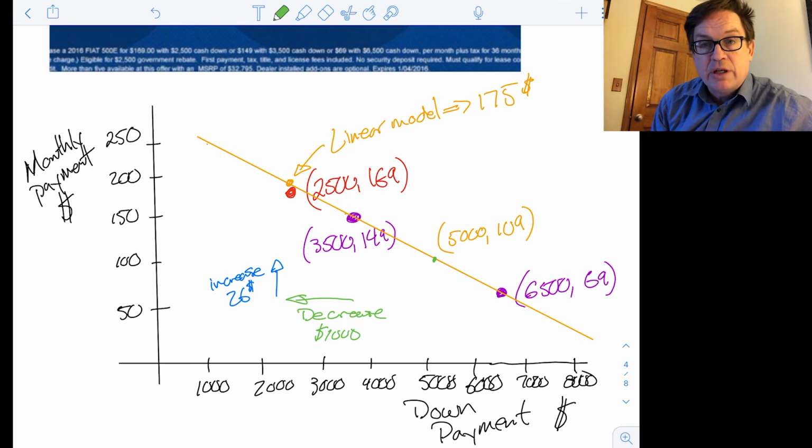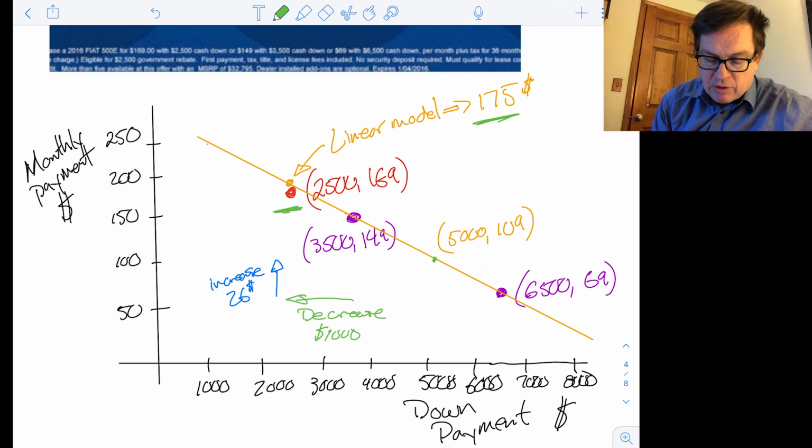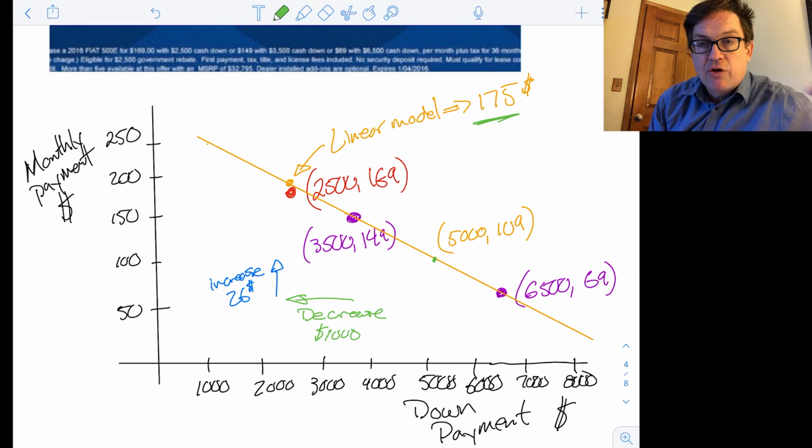The other option for our lease was a $2,500 down payment, which gives 169. But this model gives 175. So you can check that the red dot, the extra dot on the right, for the third option of the lease is a little below the predicted line based on the other two. So those three lease options aren't really in a linear relationship.